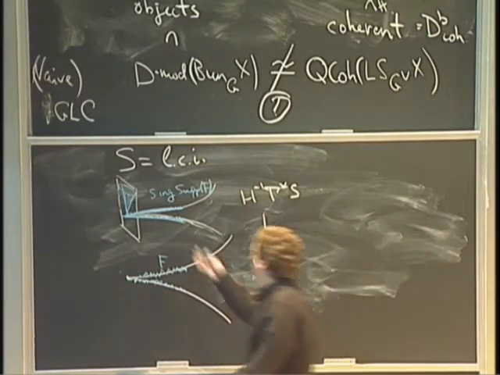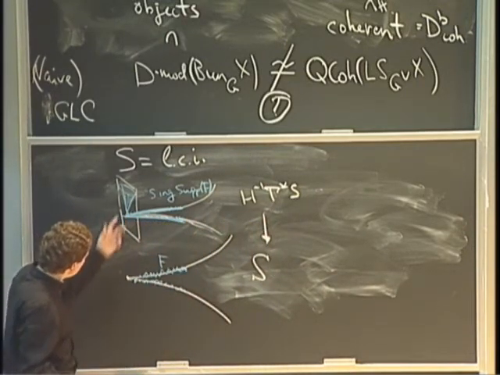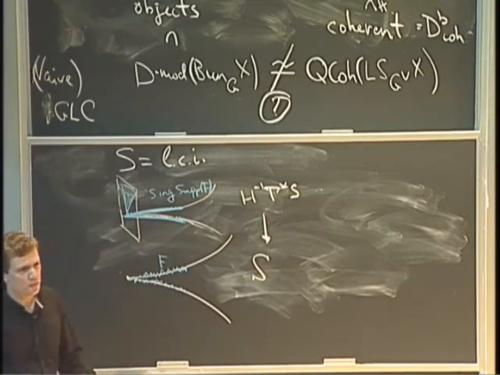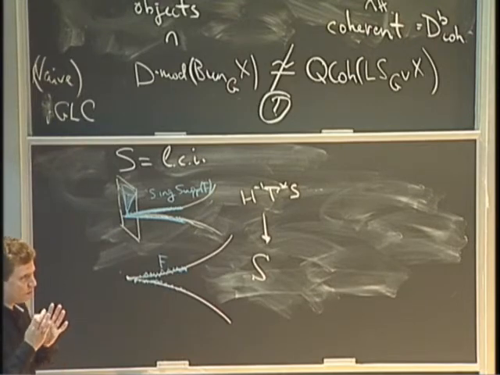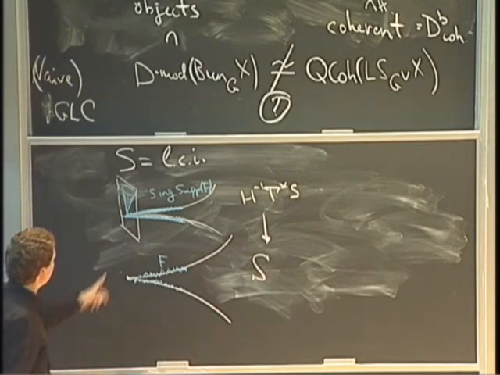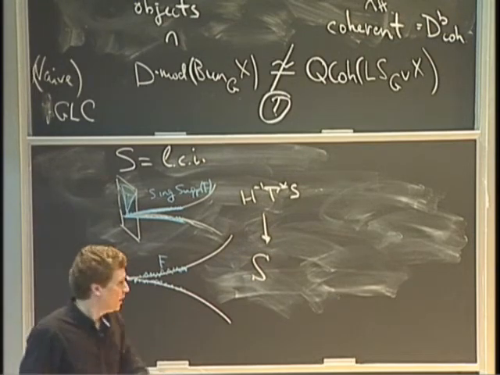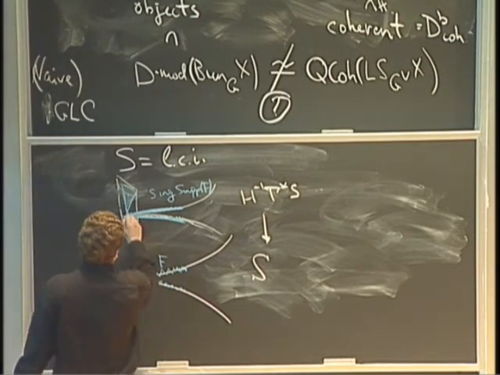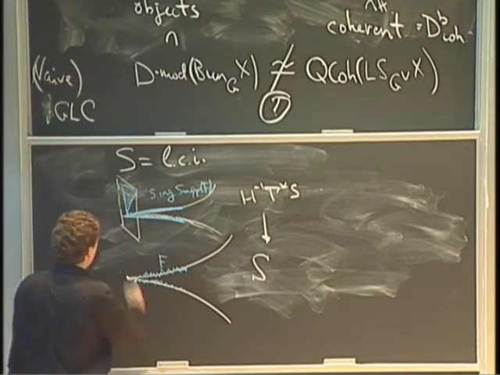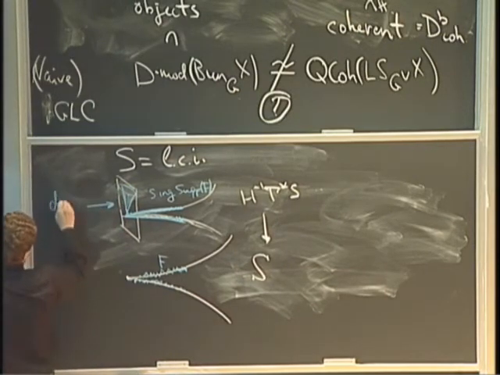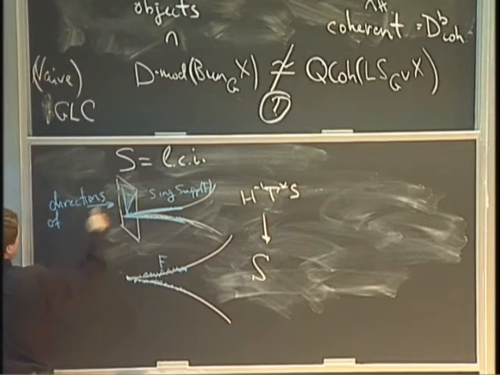So this allows you to do something more. Besides just telling whether the thing fails to be perfect, it tells you in which direction it fails to be perfect. So these are the directions of failure of F to be perfect, of F's imperfection.